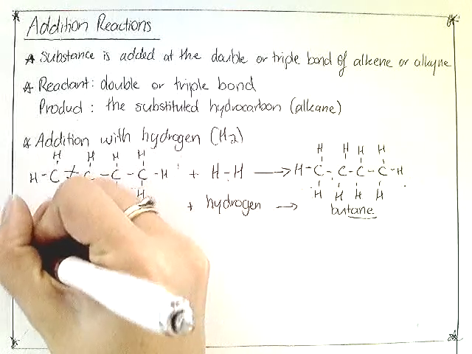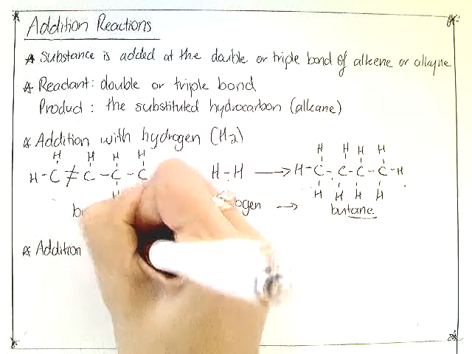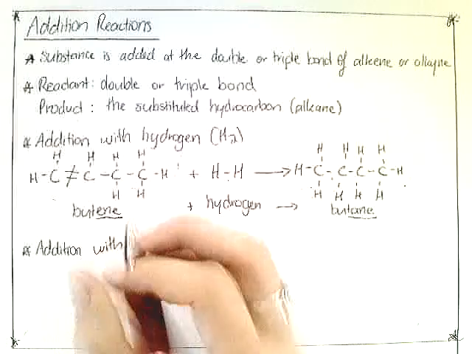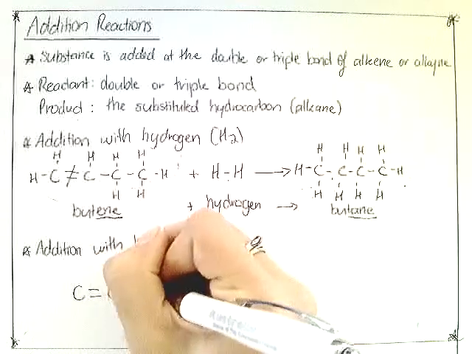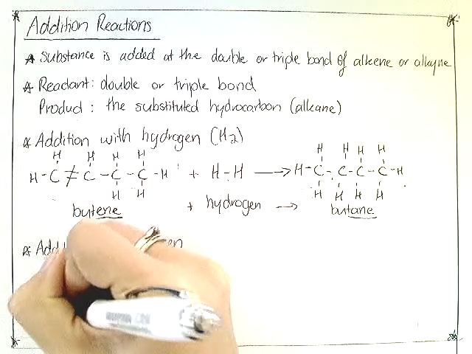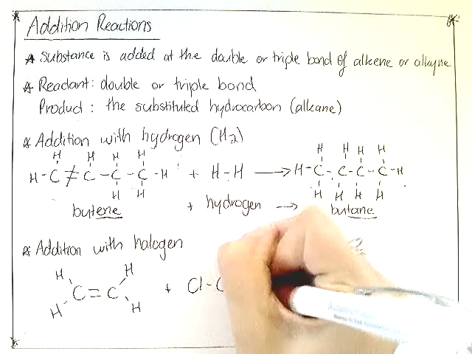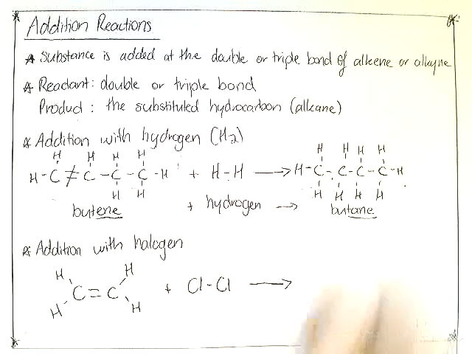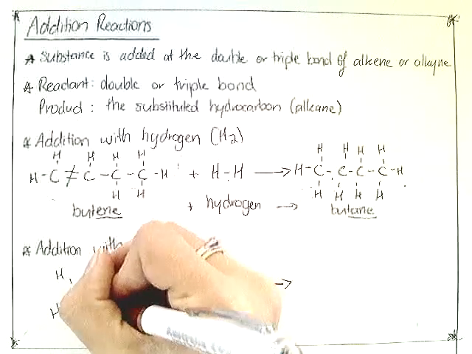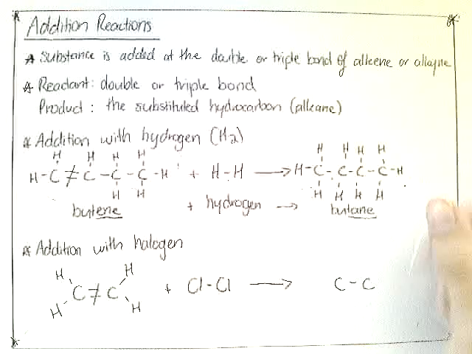Now, our second type that I spoke of, addition with a halogen. In this case, we'll use chlorine. This time, I'll use ethene. So we're starting with an ene again. We're going to add chlorine. So 2 chlorine molecules. Now, we're breaking this double bond, meaning those carbons need something else coming off them.